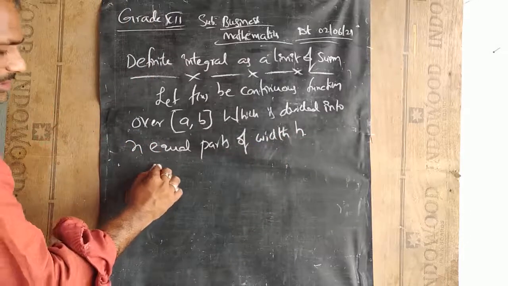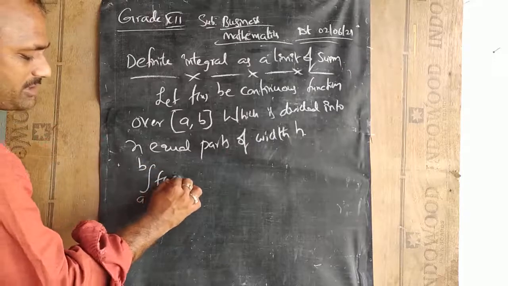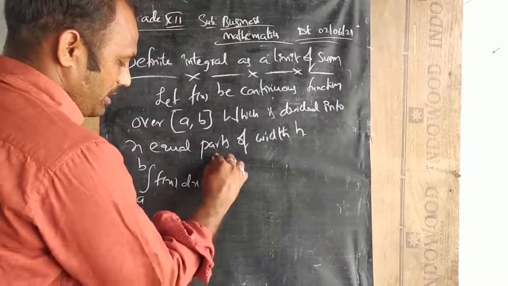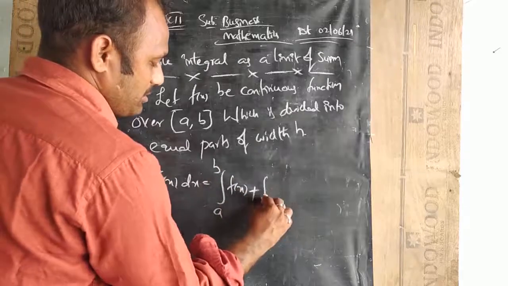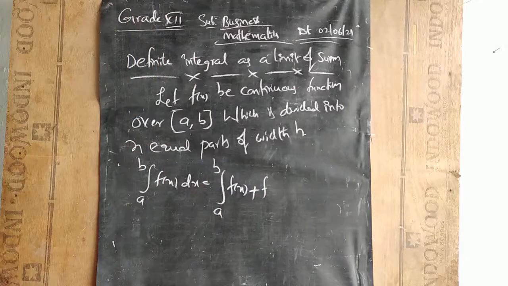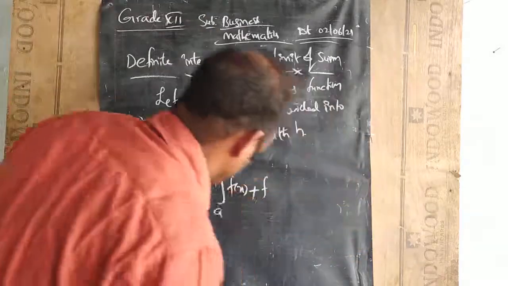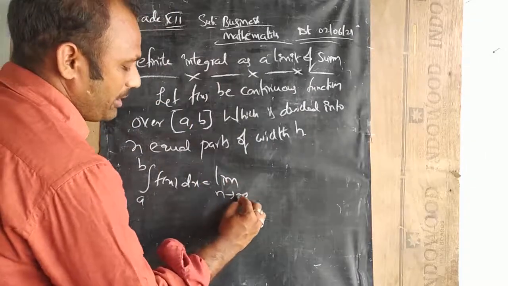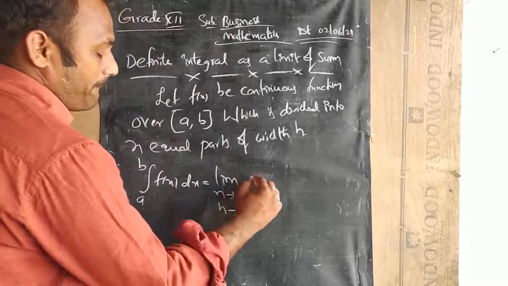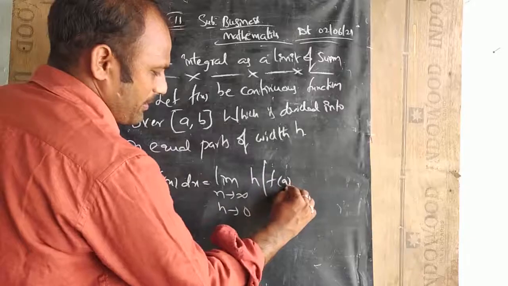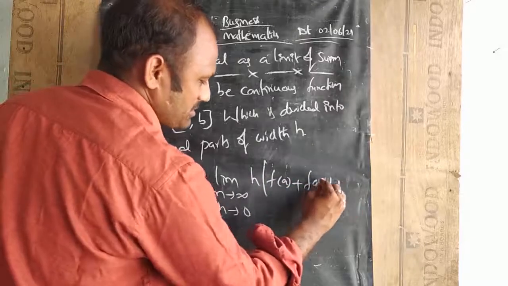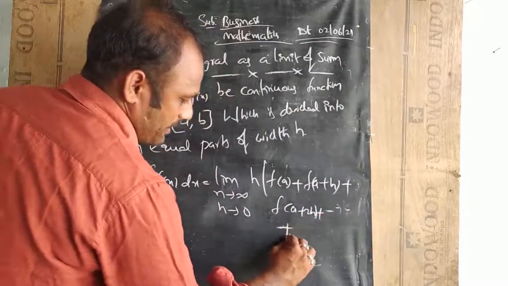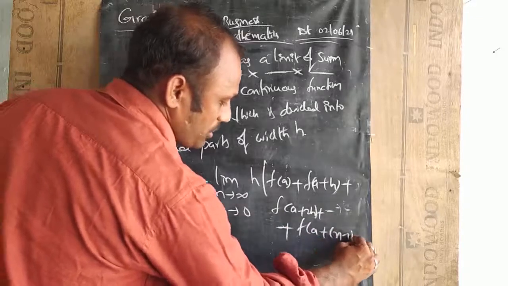Then we can write integral a to b f of x dx is equal to the limit as n tends to infinity and h tends to 0 of h times f of a plus f of a plus h plus f of a plus 2h and so on, plus f of a plus (n minus 1) h.